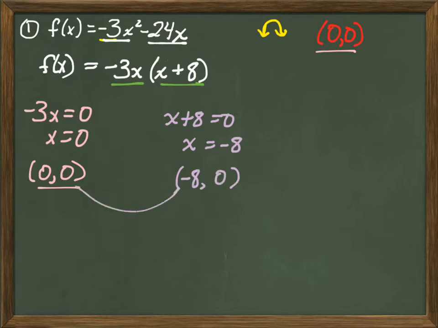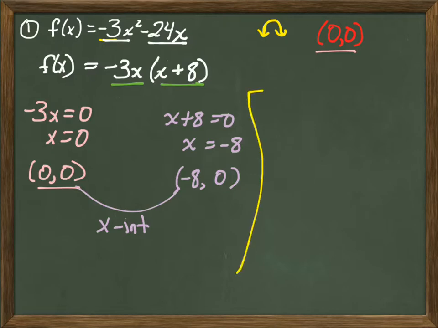So now that we have our two x-intercepts, it's going to tell us a little bit more. We have our x-intercepts, we have our y-intercept, and we have the way the graph is going to open. The last piece of information we want to find is, where is my vertex? Can I locate my vertex?